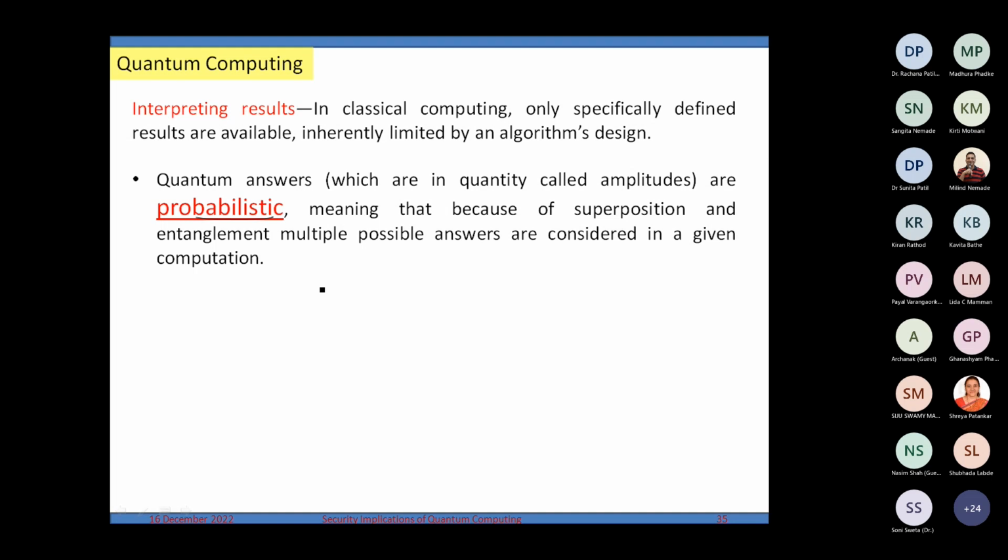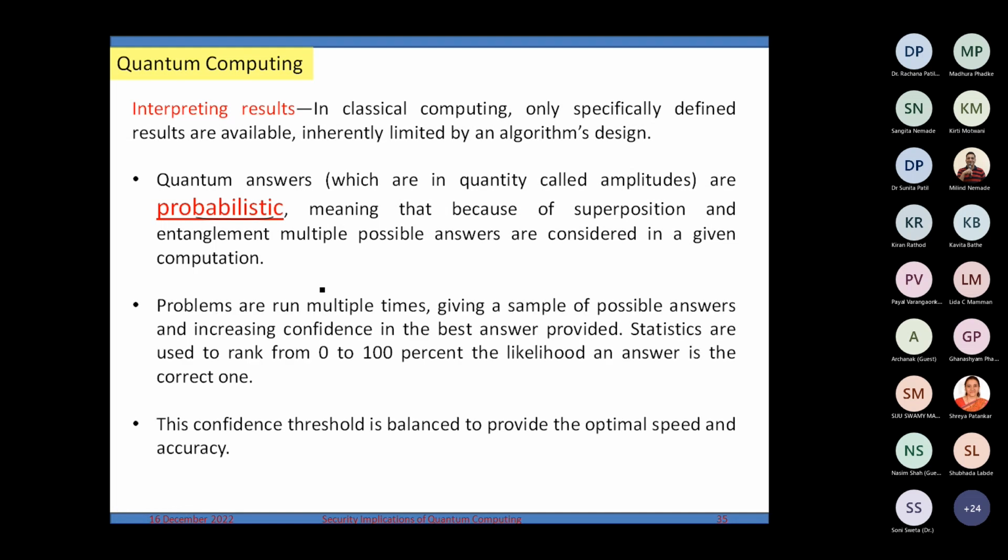That's why we measure them in terms of their probability. Since it is probabilistic in nature, the problems are run multiple times, giving a sample of possible answers. Finally, we gain increasing confidence in the best answer that is provided.